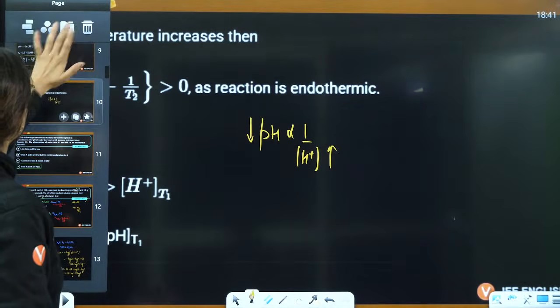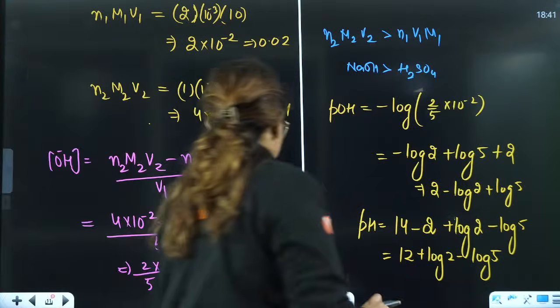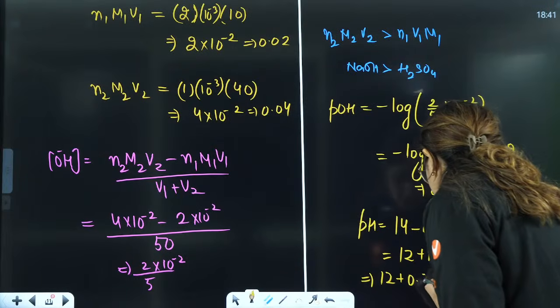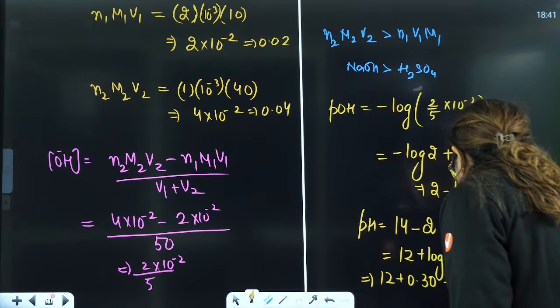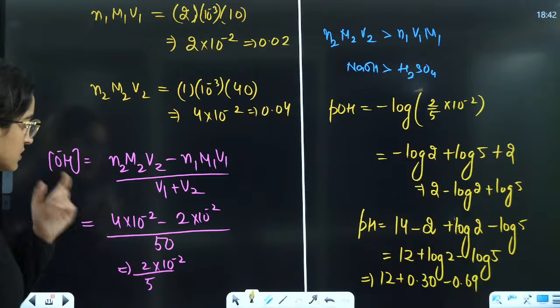Yes, 0.69 here. This will be 12 plus 0.30 minus 0.69, right? Let us see if our answer is coming out to be exactly same. 12 plus 0.30 minus 0.69. 11.61 it is coming out to be for me, right? 10.6.